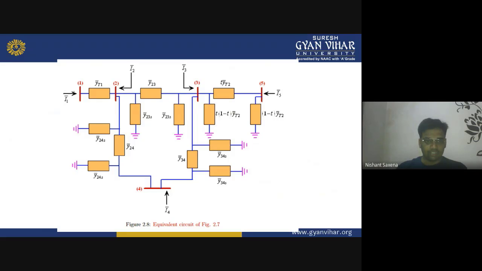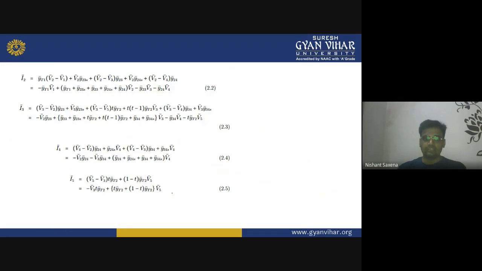The current I1 is injected at bus number 1, I2 is injected at bus number 2, I3 is injected at bus number 3, I5 is injected at bus number 5, and I4 is injected over here. Now similarly, I can write it for the current I2, I3, I4 and I5 as we have written it for the current I1. Is this clear?